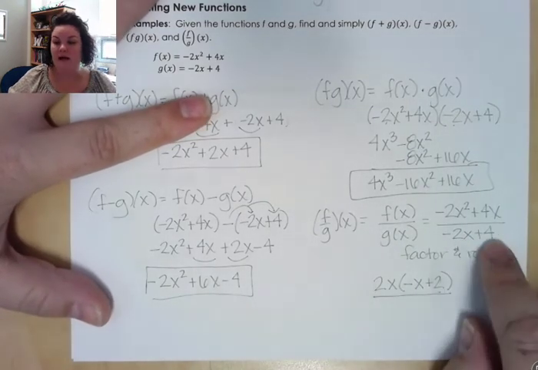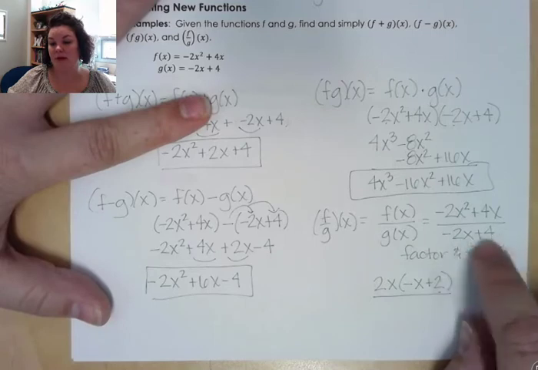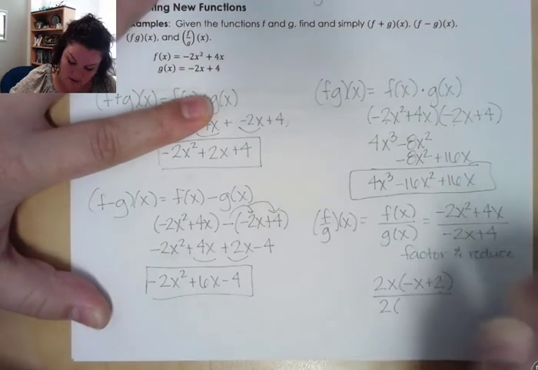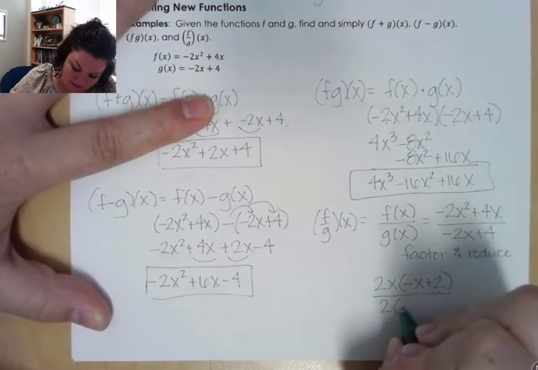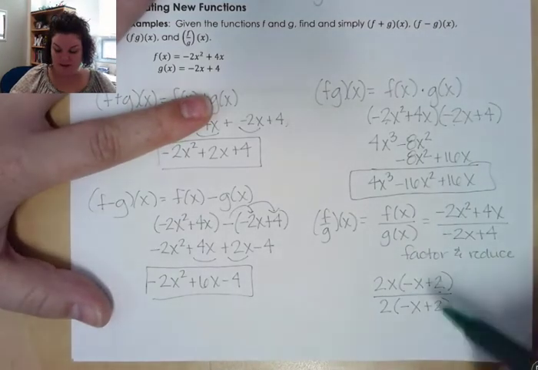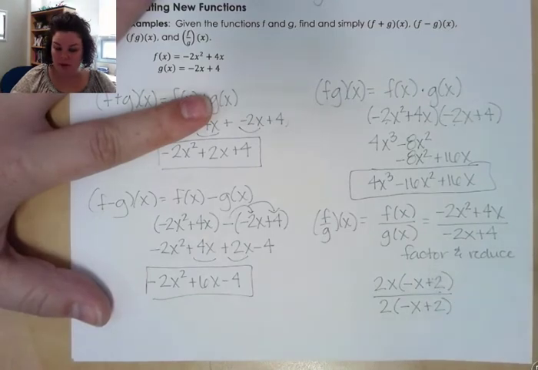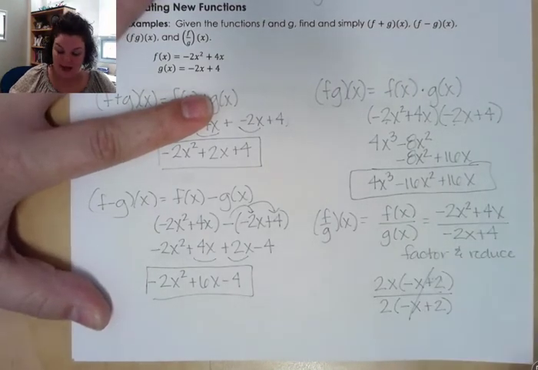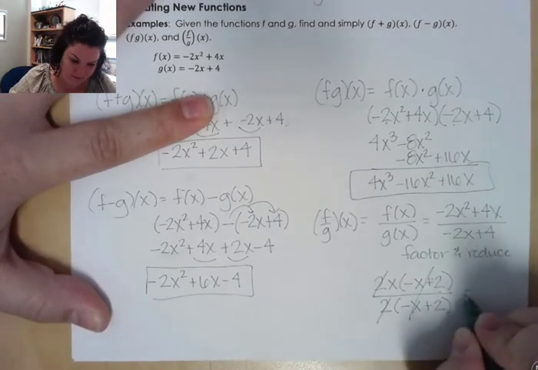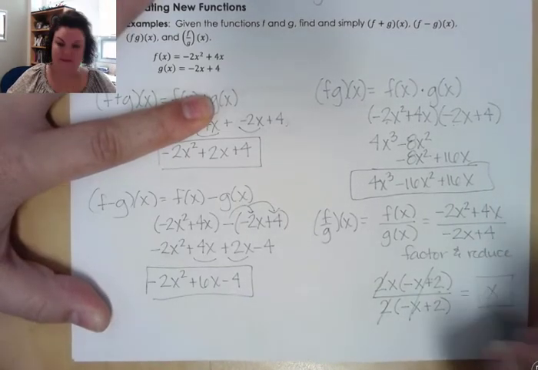And then on bottom, I can also pull out a 2, right? They have a 2 in common. So if I pull out a 2 there, I'll be left with negative x plus 2. Okay, so you can see we have the same quantity on top and bottom, so I'm going to go ahead and cancel those. And I can also cancel my 2's here. So notice all I'm left with is x.